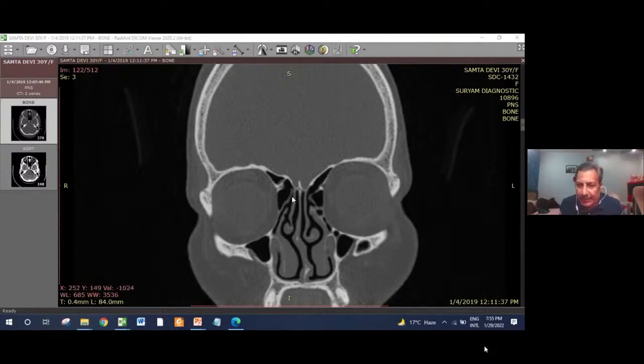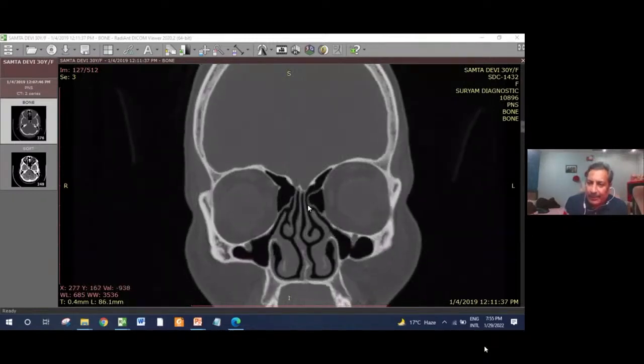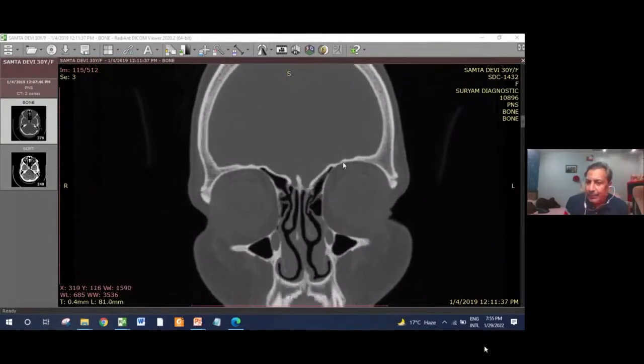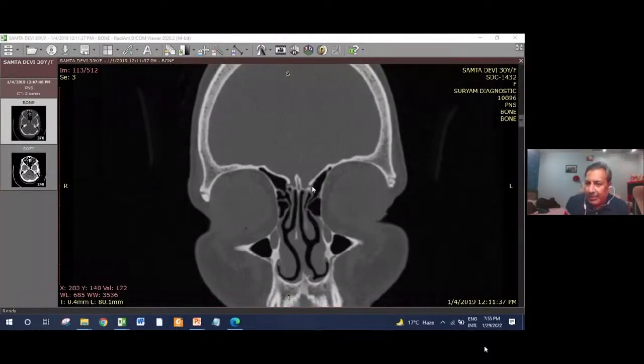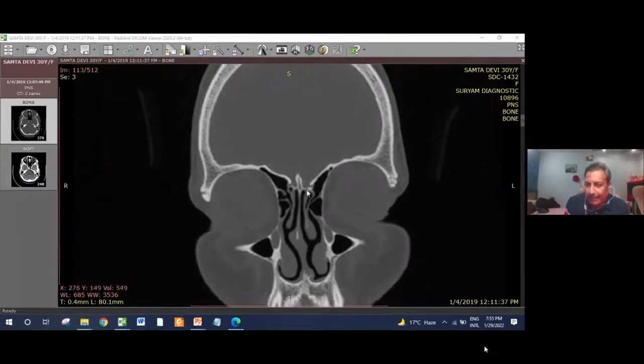In every patient, we need to see the thickness of the lateral lamella, the depth of the olfactory fossa, and all those things. The surgical teaching points: one, if you are working in the frontal recess, direct your instrument laterally. Every instrument should be directed laterally. The plane of the instrument should always keep the middle turbinate in view.